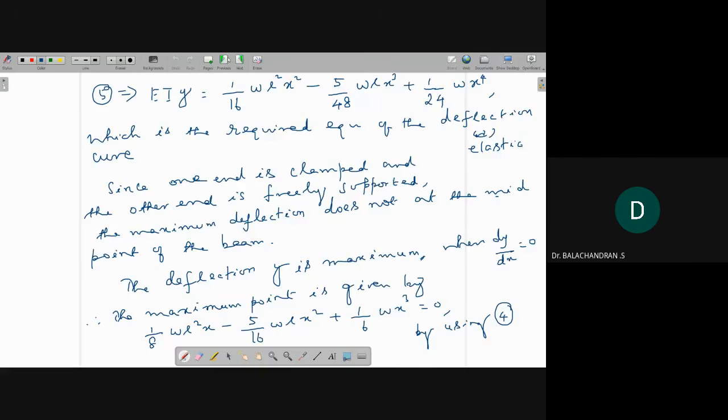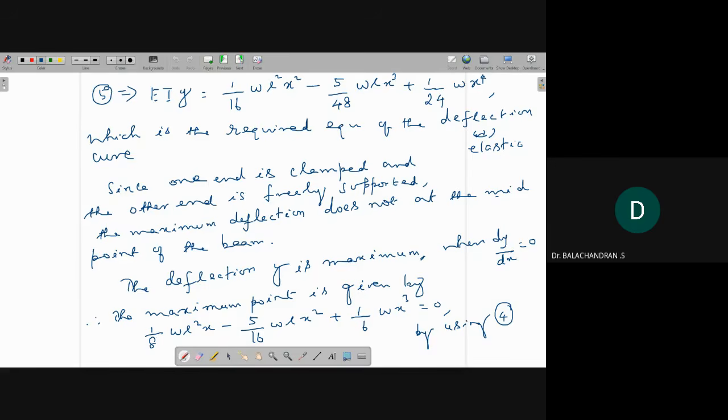Here I already told that since one end is clamped and the other end is freely supported, maximum deflection does not occur at the midpoint. So the deflection y is maximum when dy by dx equals 0.